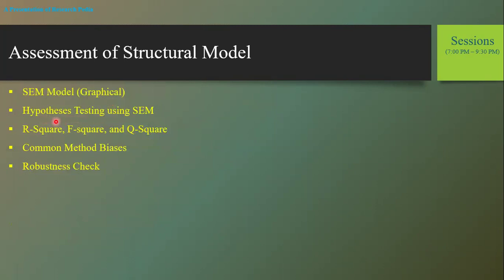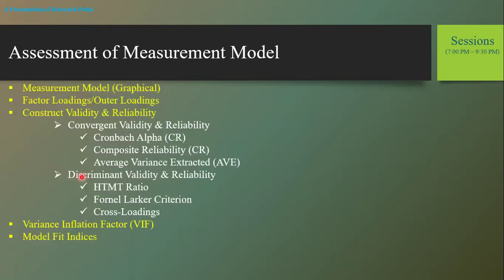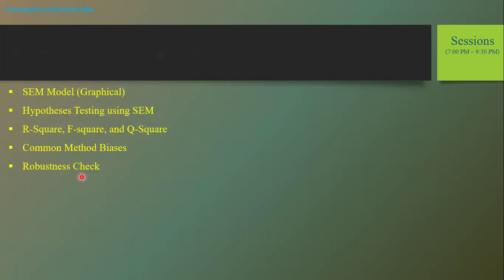We need to have hypothesis testing using SEM. We need R square, F square, and Q square. We need to assess the common method biases, and we need to assess the robustness check. So it means that when you are using structural equation modeling or SEM, you need to analyze your data in two phases. The first phase is assessment of the measurement model, and the second phase is assessment of the structural model.